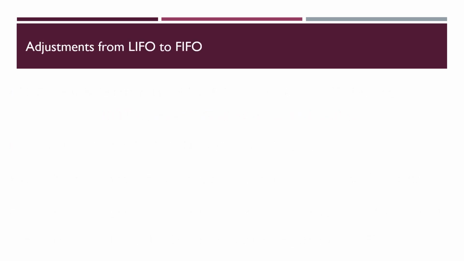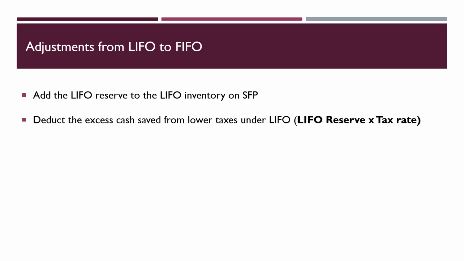Now let's see how to make financial statements prepared under LIFO comparable to those under FIFO. First, we have to add the LIFO reserve to the LIFO inventory on the statement of financial position. Then we have to deduct the excess cash arising from the lower taxes under LIFO.